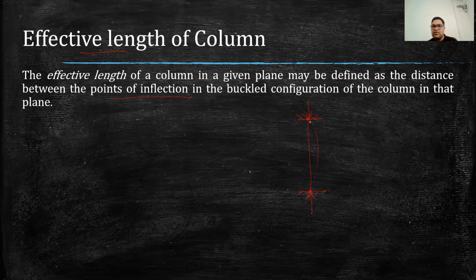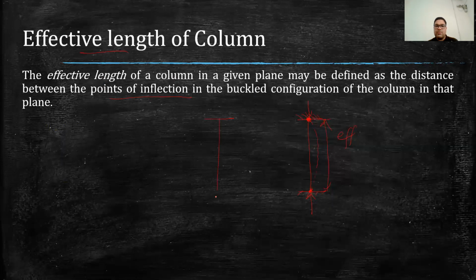So as you can see, I have just started the curve from this point. Inflection points are basically the points from where the curvature changes or the curve starts. As you can see, the curve is directly started from this point and ending at this point. So the total length will be the effective length.